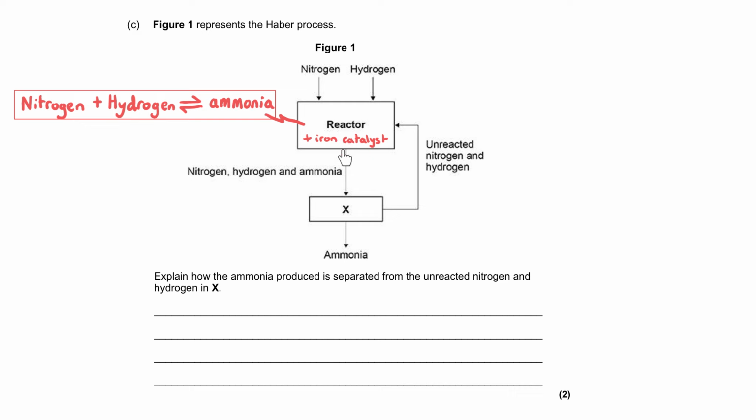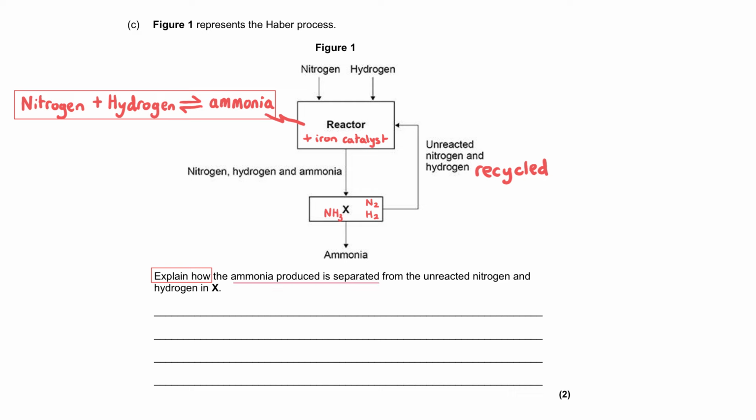And so what comes out of the reactor is the ammonia, of course, but additionally the unreacted nitrogen and hydrogen enters this container X. And then from this container X, the ammonia is removed, which is what we want. That's what we're going to use to make fertilizers, etc. But then the unreacted nitrogen and hydrogen get pumped back around into the reactor. It gets recycled. And this question here is asking us how that process occurs.